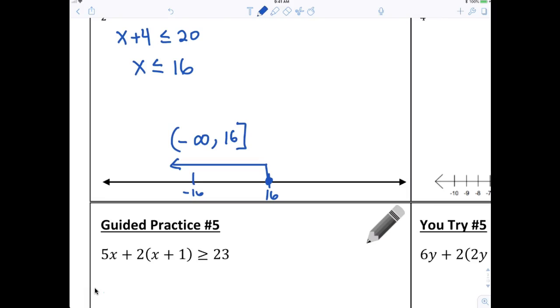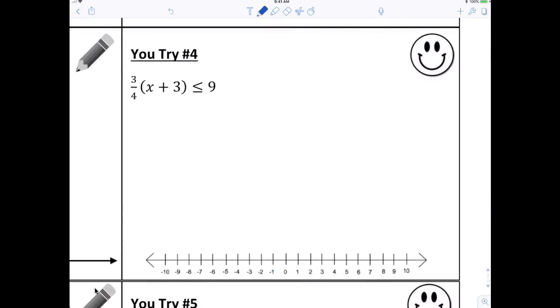Come on, guys. All right, let's do one more. How do I solve 3/4? Multiply by 4/3. Thank you. So I'm going to put 4/3 here. I'm going to put 4/3 here.